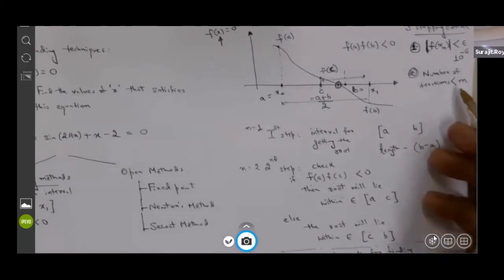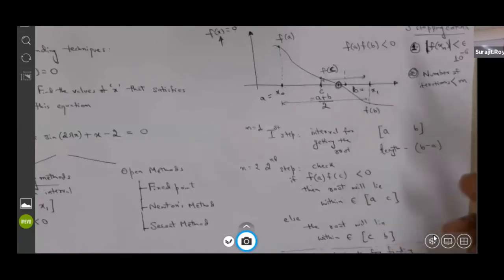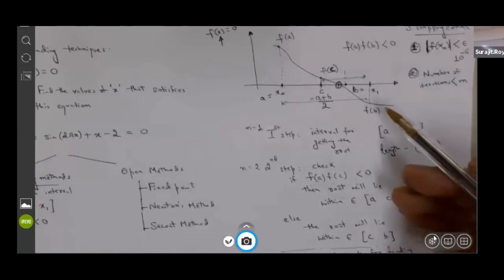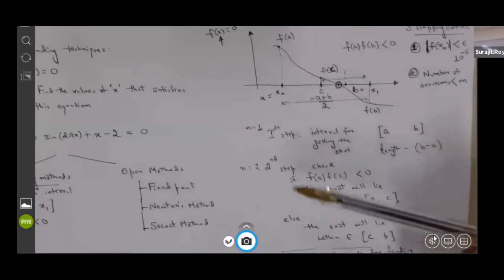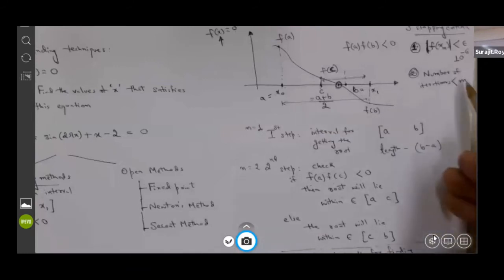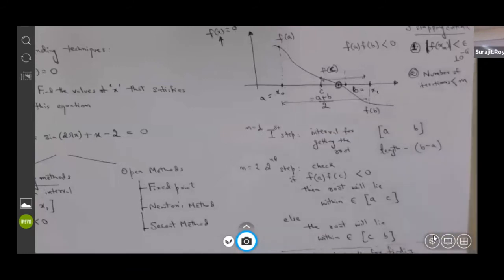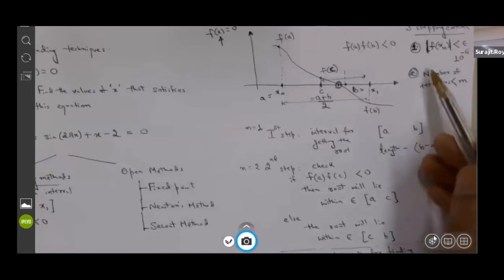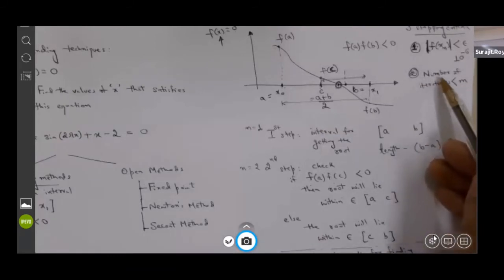I want a method that finds roots before 1,000 steps, because for every time step there are computations involved, which means computation time, and computing resources get occupied. So you want to reduce the completion time. You don't want to exceed 1,000, or maybe some other number you pick. That is one of the other criteria that can help you stop.